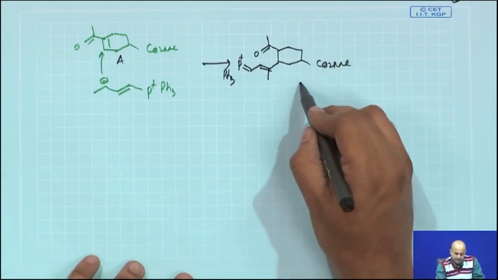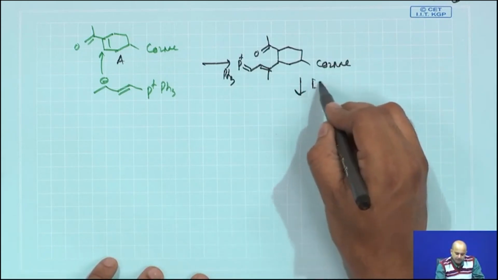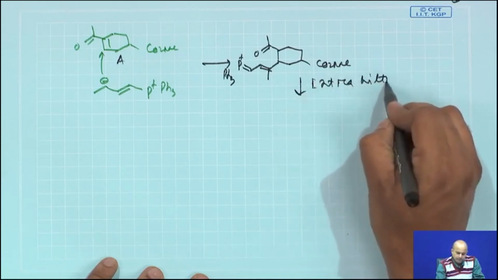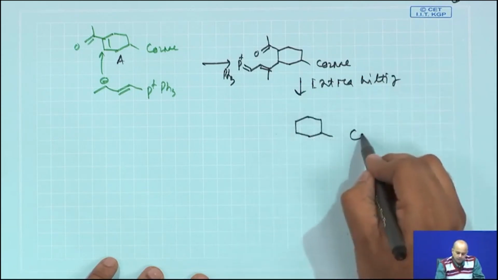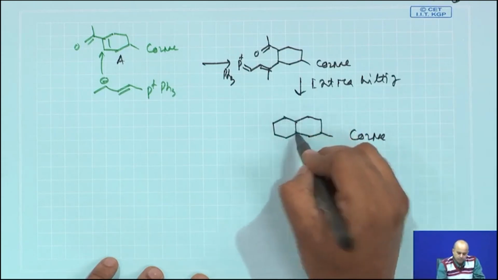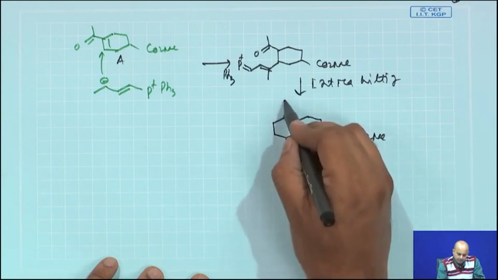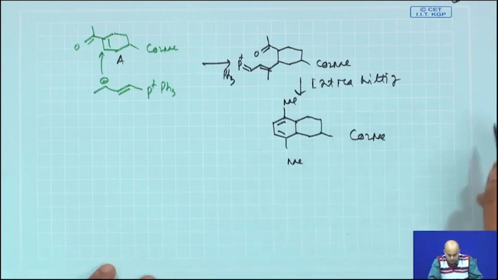Now, this ylide can easily undergo an intramolecular Wittig reaction. It will essentially give you a cyclic product. The structure of the cyclic product will be this methyl, this compound. Now, next what you need to do?